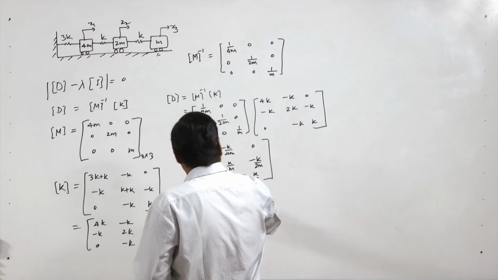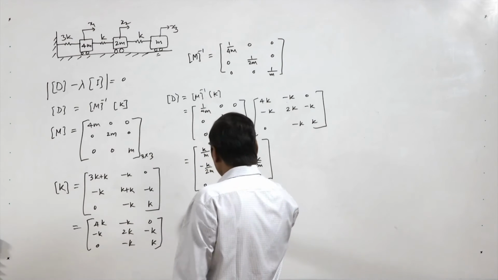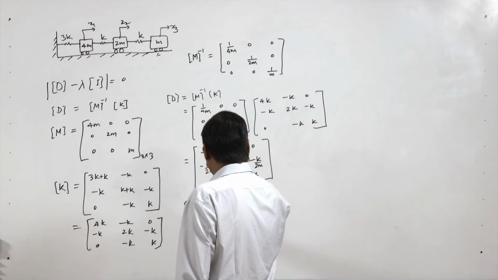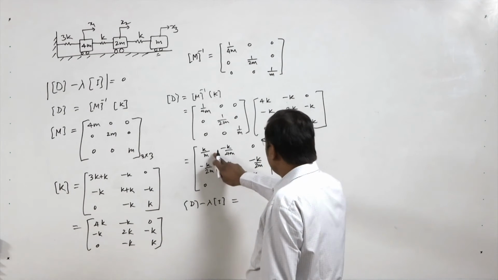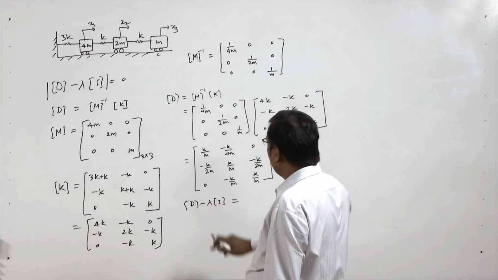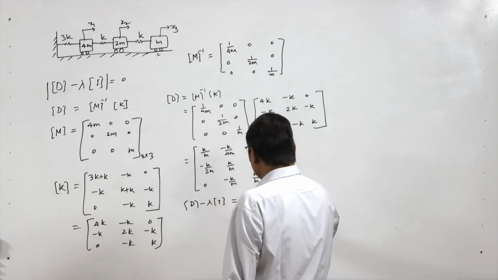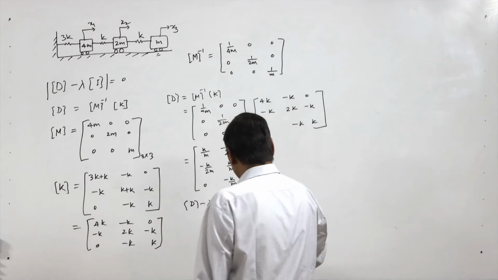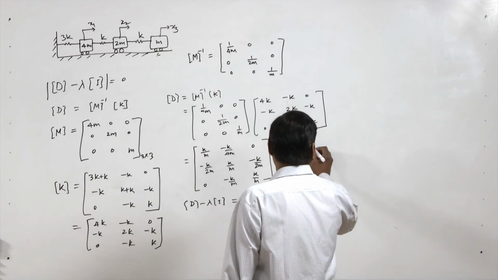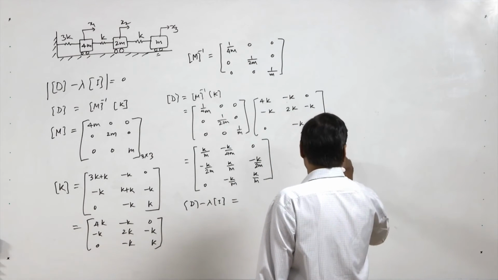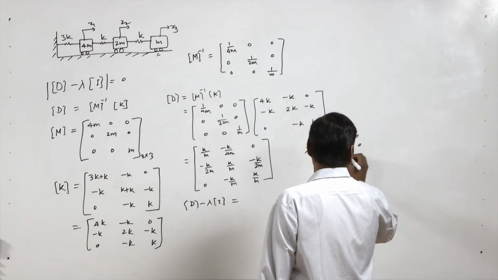So if we want D minus lambda I, where D is this and lambda I is the unity matrix, lambda I is a matrix with lambda 0 0; 0 lambda 0; 0 0 lambda.